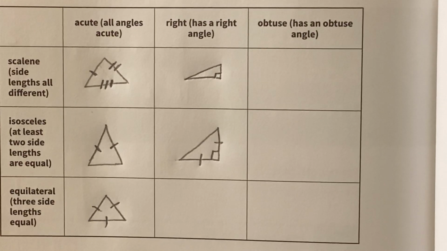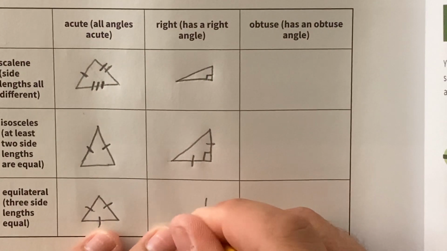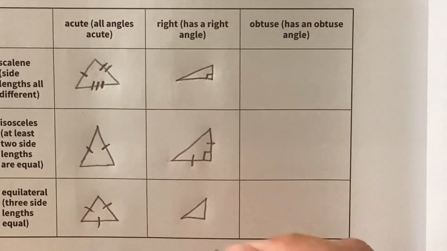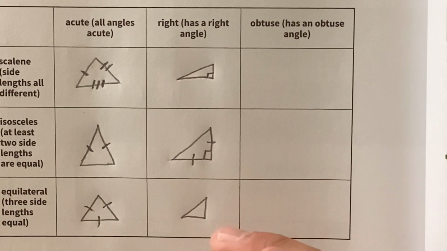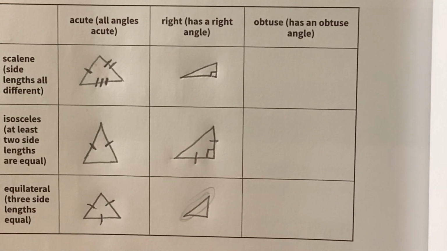An equilateral with a right angle. What do you think on that one? So is it possible to draw with a right angle and have all 3 of those be the same? Yeah, this one will never, if it's a right angle, this one's always going to be longer.